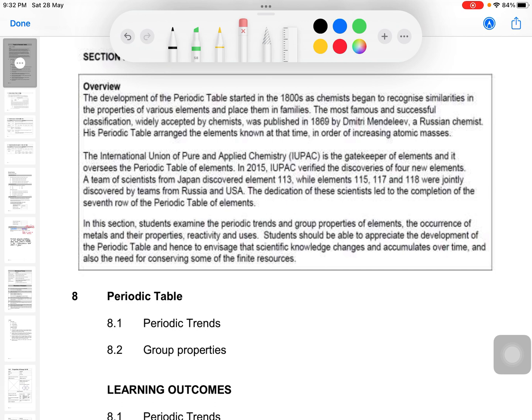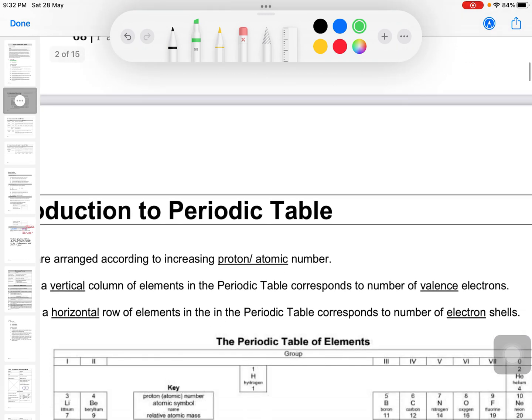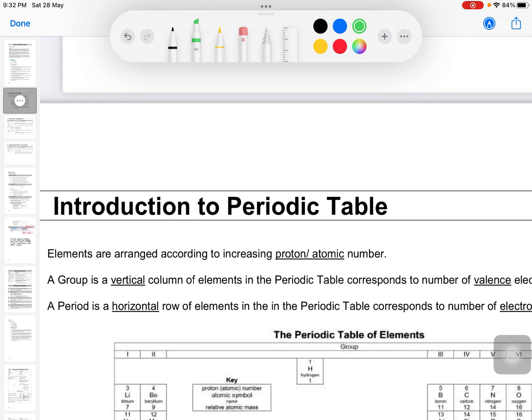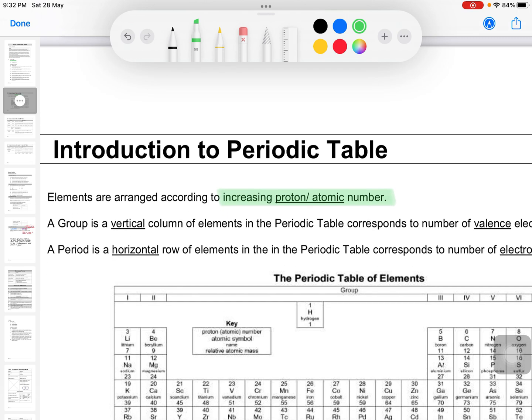I'm going to go through first the periodic trends, which means trends in the periodic table. First, elements in the periodic table are arranged according to increasing proton or atomic number. Ladies and gentlemen, in your periodic table, you are actually given the key.